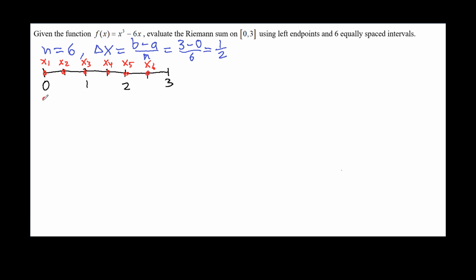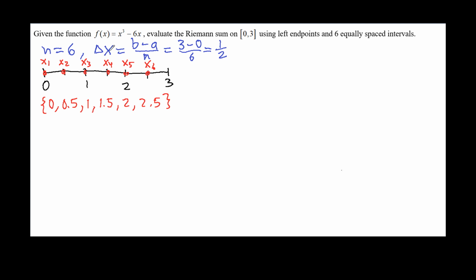It's also a good idea to list these partition points, so the values. x1 is 0, x2 is 0.5, x3 is 1, and so on, all the way to 2.5. Notice that these partition points are also spaced 0.5 apart. So my delta x shows up in more than one way.